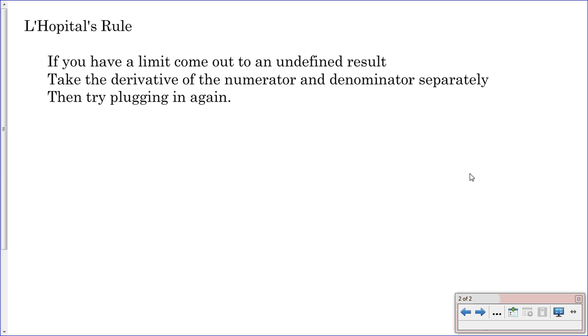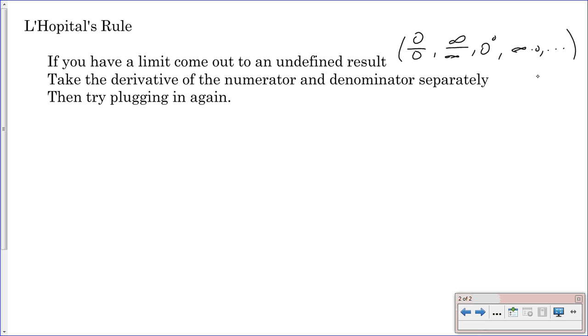Alright, L'Hopital's rule. If you have a limit come out to an undefined result, and remember your undefined results are results such as 0 over 0, infinity over infinity, 0 raised to the 0 power, infinity times 0, and so on.